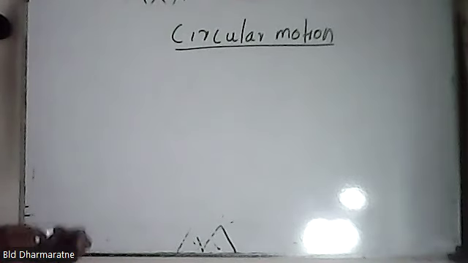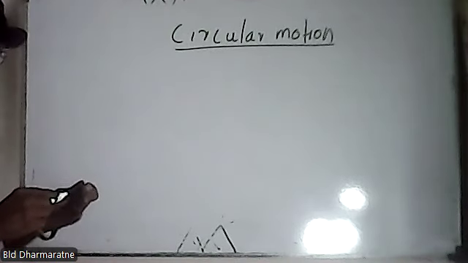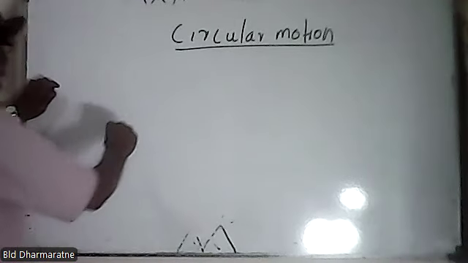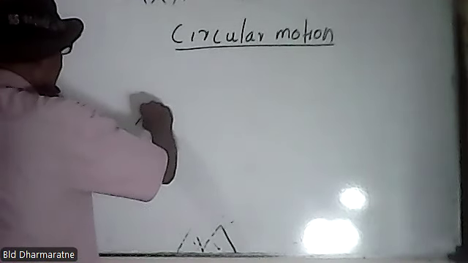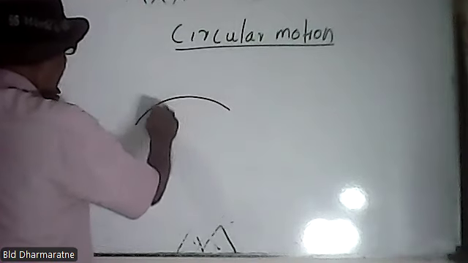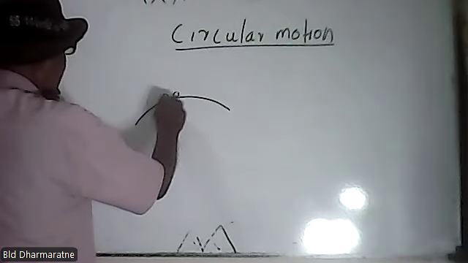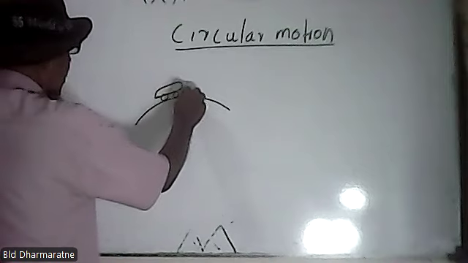In day-to-day life, we can see circular motion everywhere. A car taking a turn is also circular motion. A merry-go-round also has circular motion.